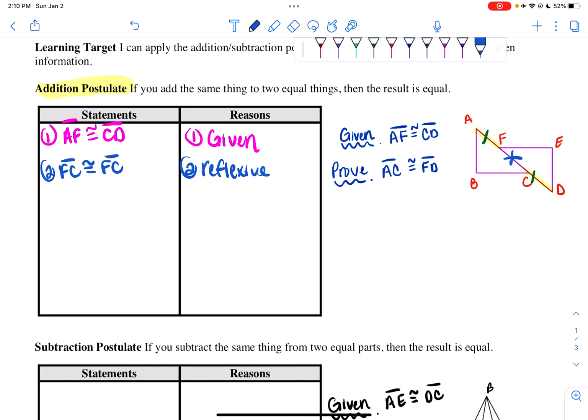And then we can add these two tiny pieces, the AF and FC, and then the FC and CD, to get our whole segments. So this is going to be your final statement. I can say AF plus FC is equal to FC plus CD.